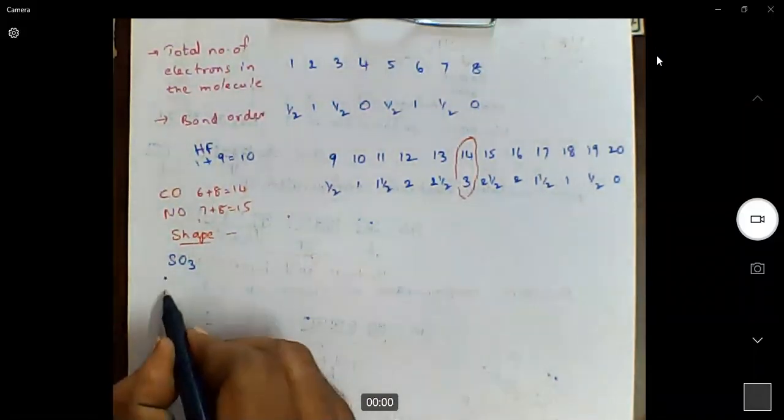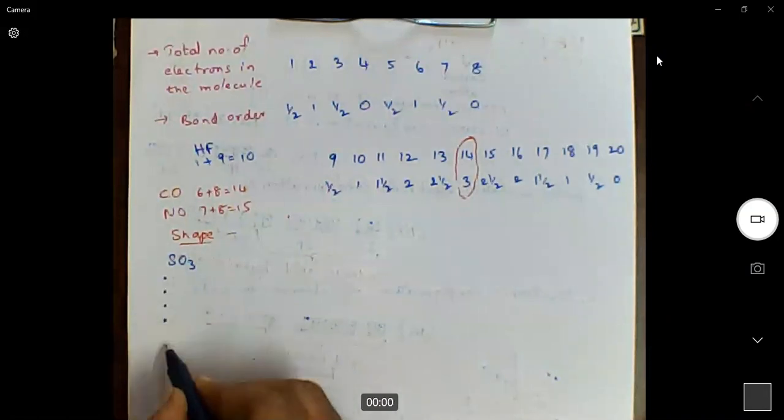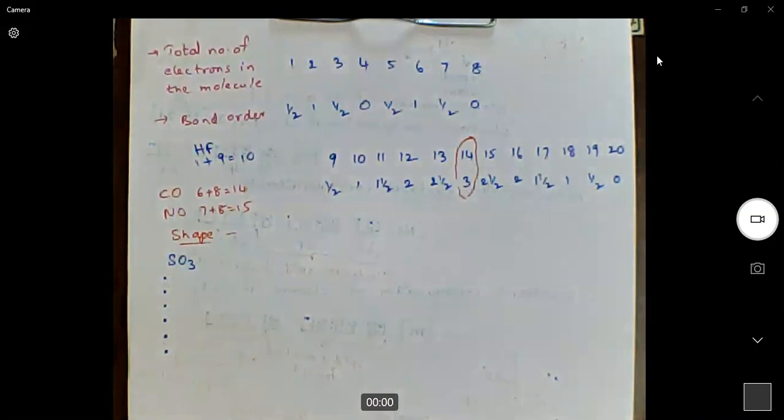We will take 6 dots, which represent 6 valency electrons in the central atom sulfur.